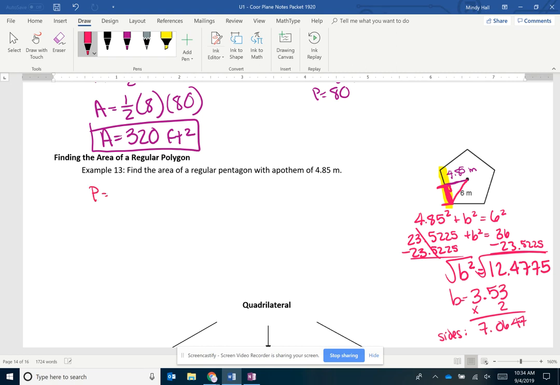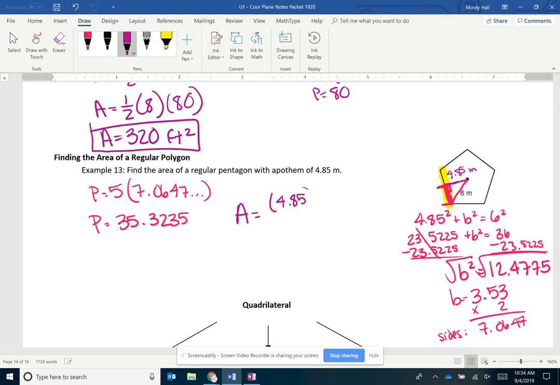With that, I can find my perimeter because I have 5 sides, and each side is 7.0647. Okay, so when I multiply that by 5, I get my perimeter to be 35.3235. So then my apothem is 4.85 like they gave me. My perimeter is 35.3235, and I am dividing by 2.